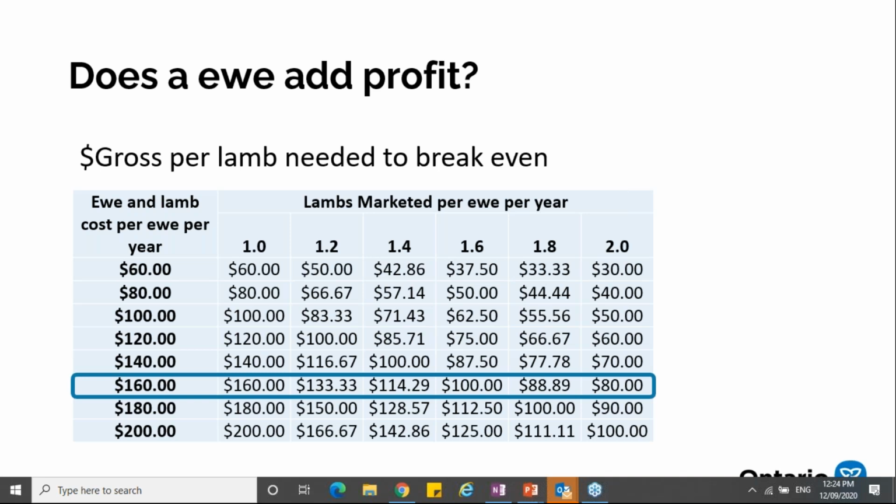There are lots of things that come into it, but you need to know what this number looks like, so that when you're making a decision about a particular ewe and you see what she's doing, it changes your viewpoint on what she's adding to the operation for you.